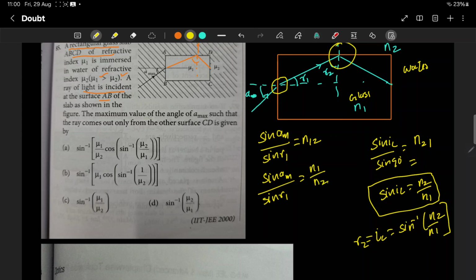Here we can find R1. I also have sine inverse of N2 by N1.